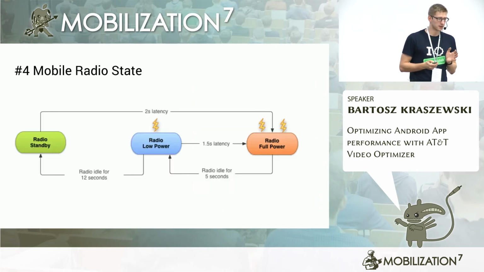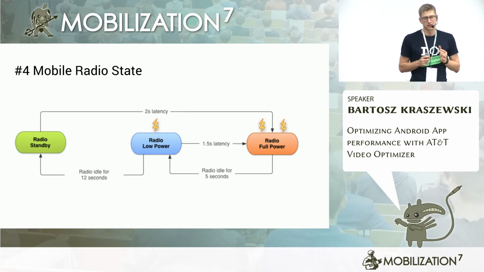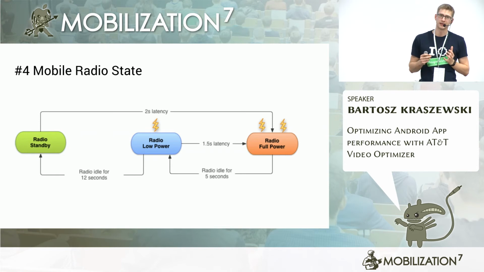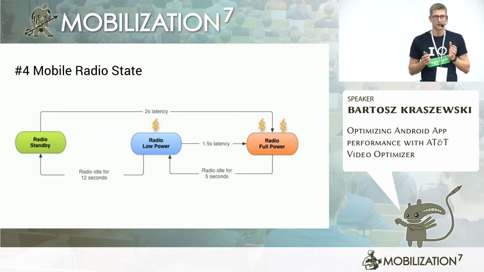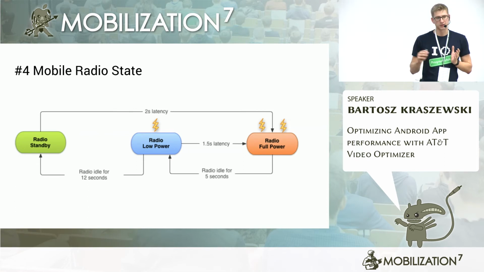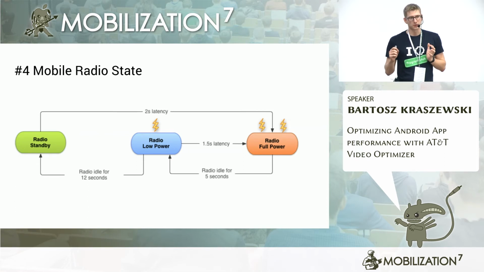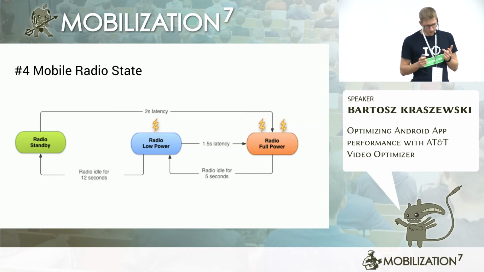But why is that so? We need to remember how the mobile radio works, because it's basically a state machine working in 3 states. By default, the mobile radio that connects to the internet is not using any power. It's in idle mode. But when data is needed, it switches into the high performance mode, when its energy consumption is really high.